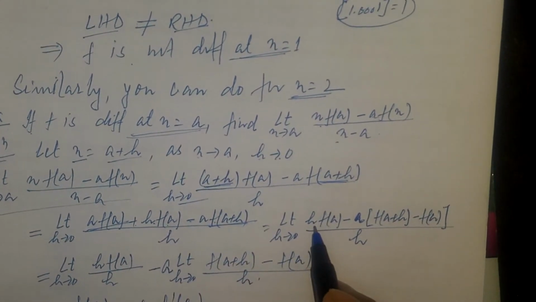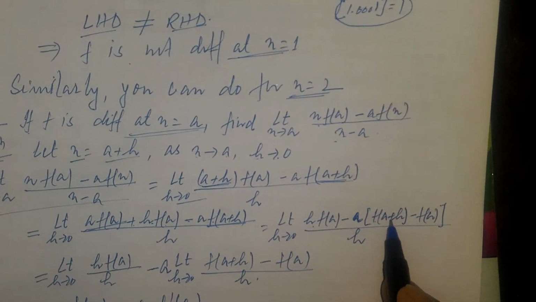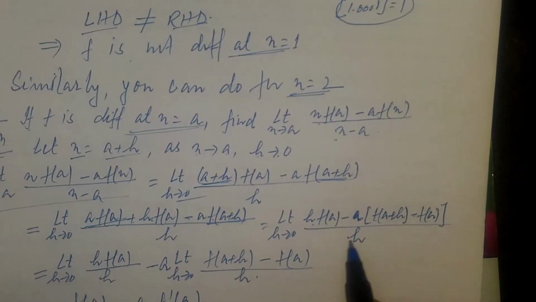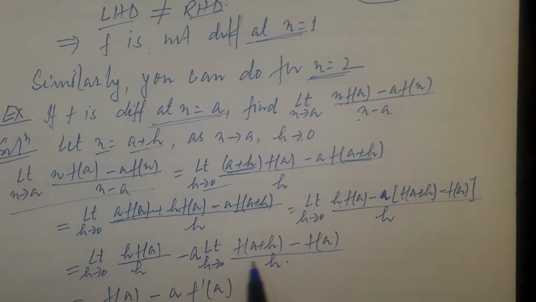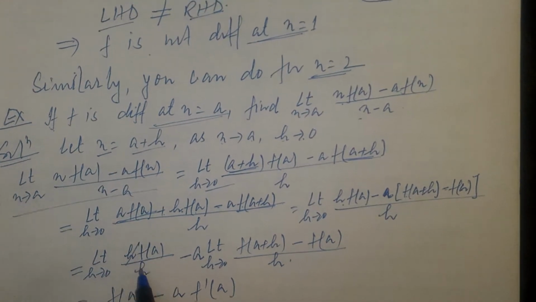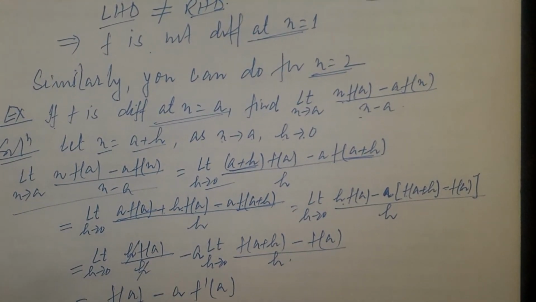So we can write h into f of a plus h minus f of a, the whole divided by h. Now separate it. Now this gets cancelled, so we get f of a here because h is not there.